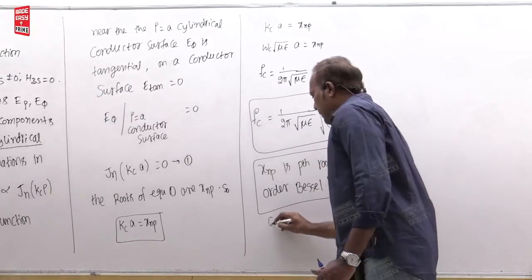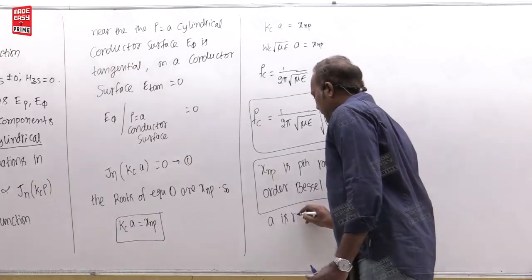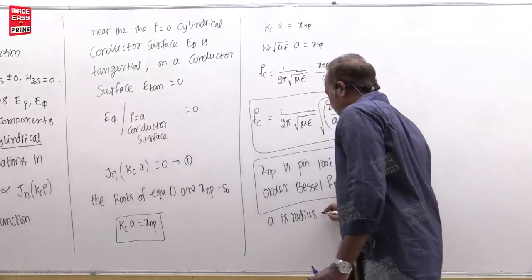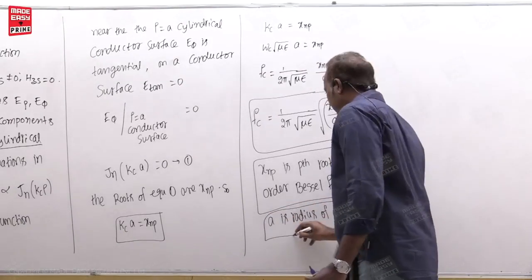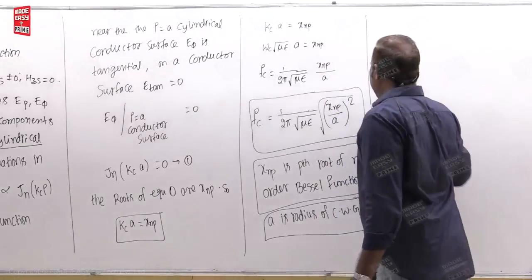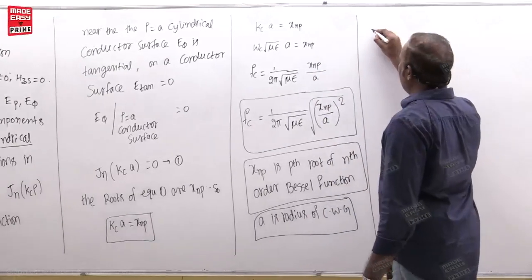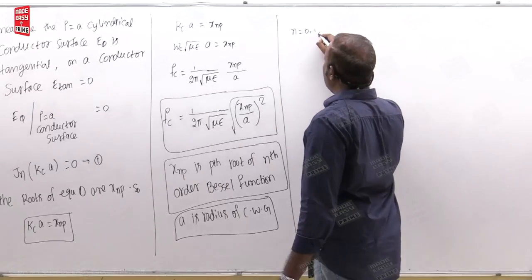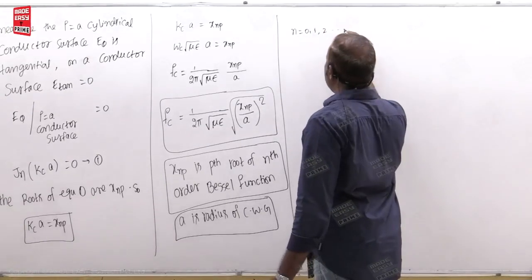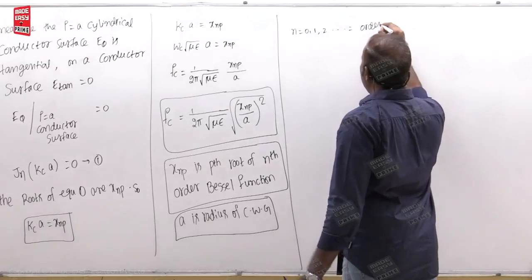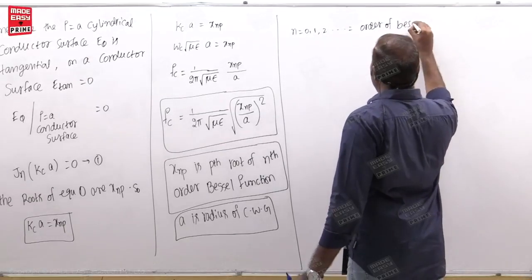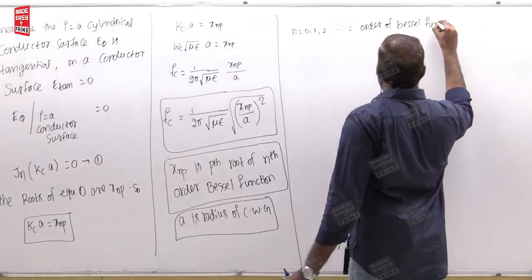Next, a is the radius of the circular waveguide. This is another thing. Then n is 0, 1, 2, and so on, an integer. The meaning is the order of the Bessel function.